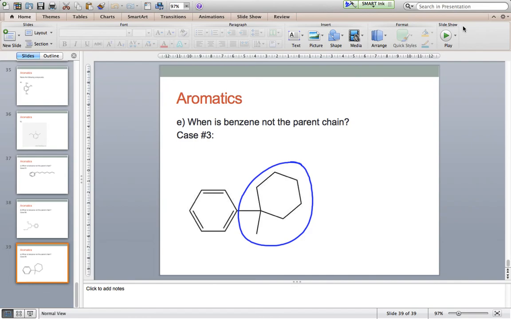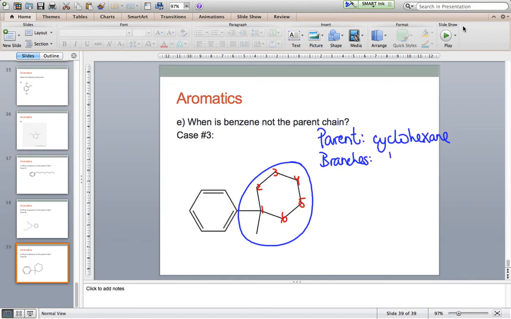So what is our parent chain? That is 6-sided, right? And it's a cyclical molecule, no double bonds, so cyclohexane. Okay, and if we number our friendly cyclohexane, either way you want to go after that, we can see that we've got a couple of branches off the first carbon.